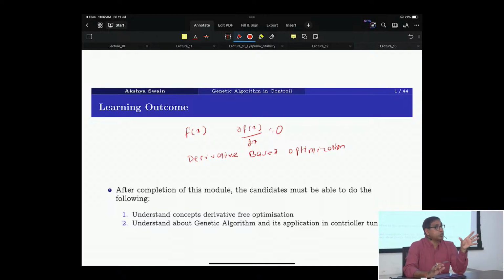It comes under the framework of derivative-free optimization. There is no derivative operator there. We usually differentiate and find out, but that is not the case here.